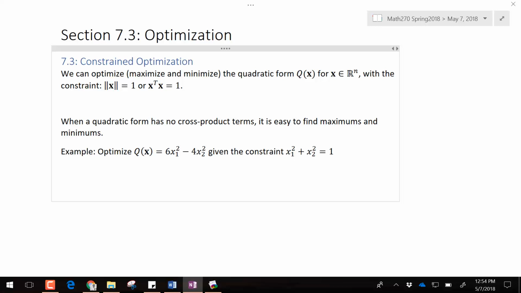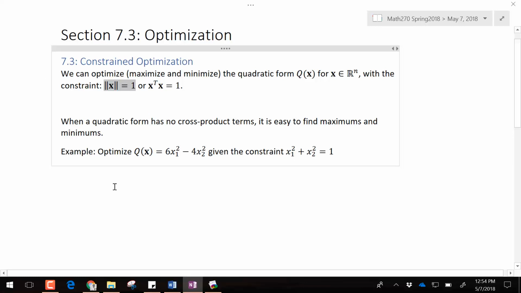We talked about Q last time. And then we want to optimize given a constraint, and the constraint is that the magnitude of the vector that we want to put in, that we want to optimize, is 1.